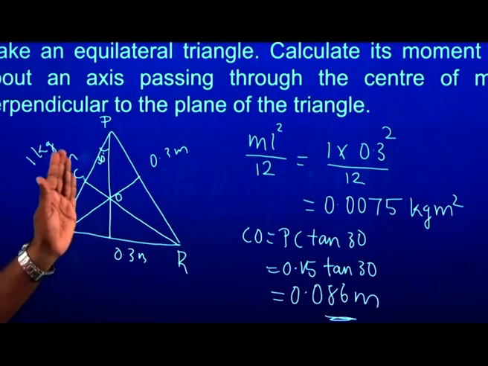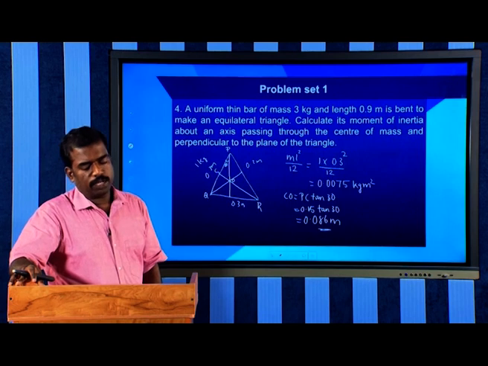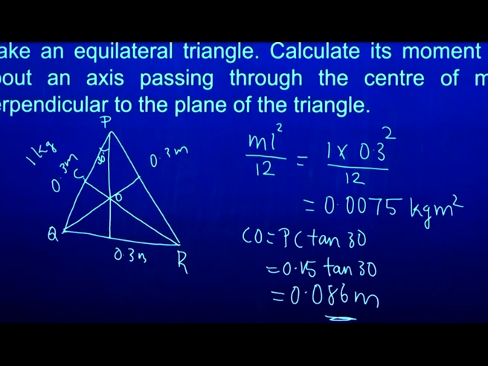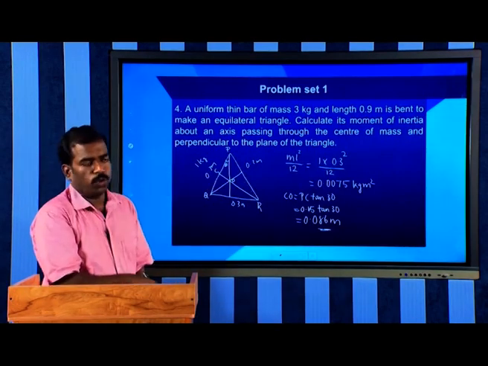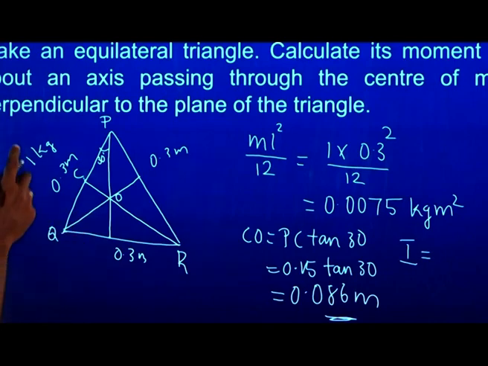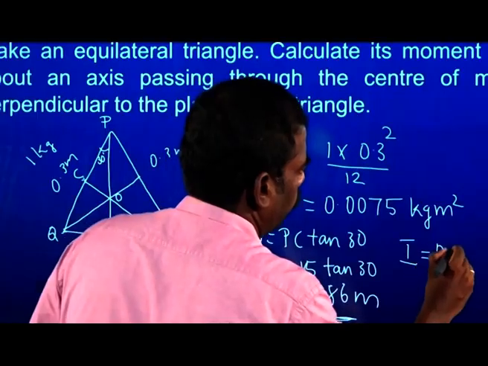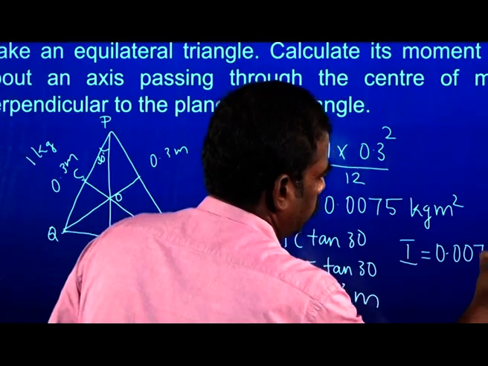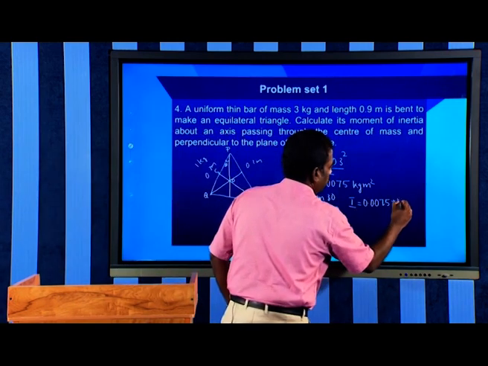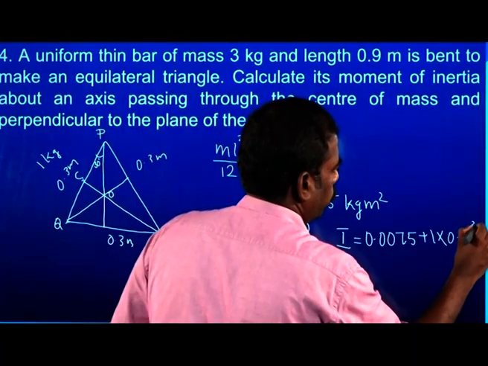Now, we can use the parallel axis theorem. The moment of inertia of PQ about an axis which passes through O is given by I equal to the moment of inertia of the same thing PQ about an axis passing through the center of mass, which is 0.0075, plus mass into distance square, it is 1 into 0.086 square.